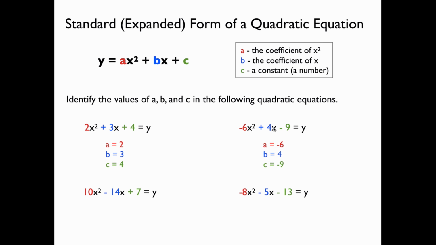The value of b, the coefficient of x, is 4, and our constant is negative 9. In the third equation, the coefficient of x squared is 10, the coefficient of x is negative 14, and our constant is 7. And in the last one, the coefficient of x squared is negative 8, the coefficient of x is negative 5, and our constant is negative 13.